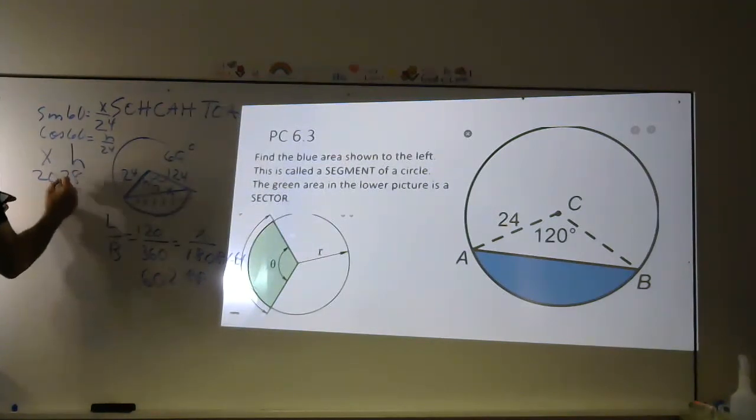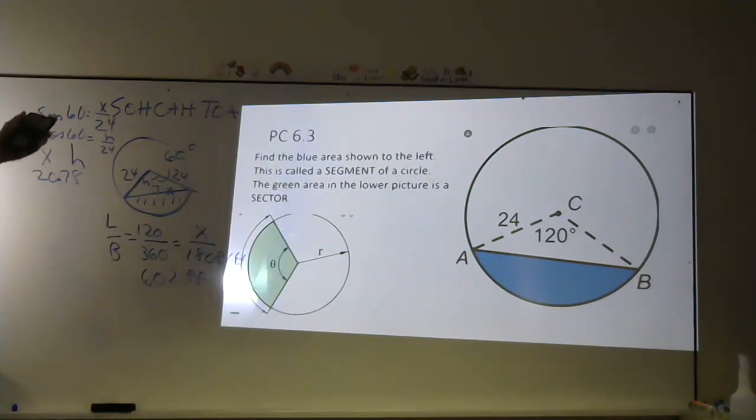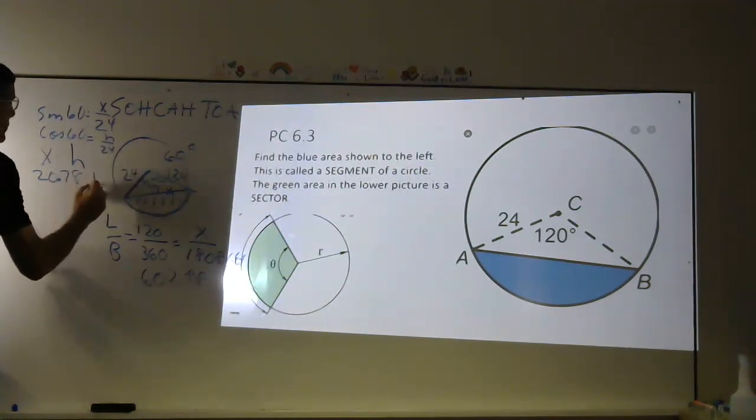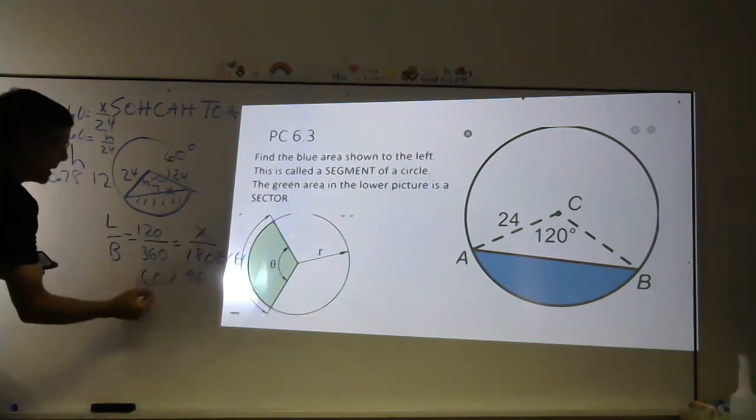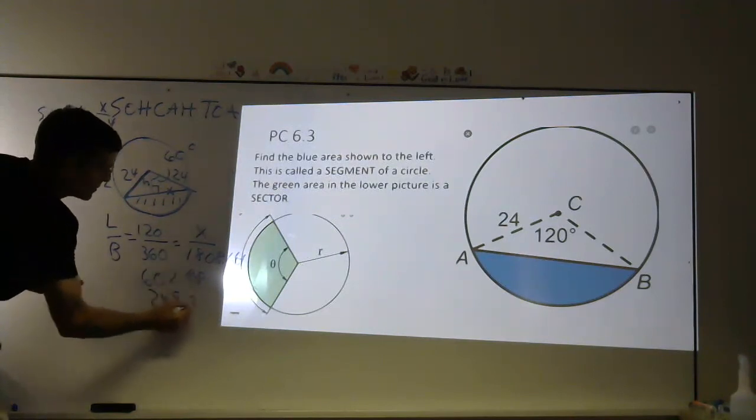20.78. Now my height, I'll do cosine of 60 times 24, and I get h is exactly 12. So I want that times 20.78, which is 249.36.